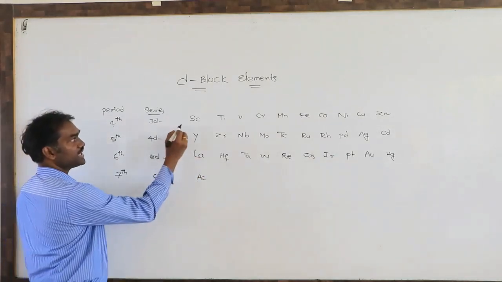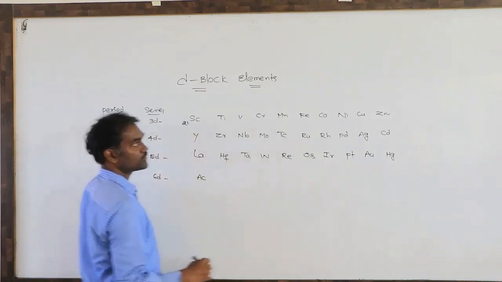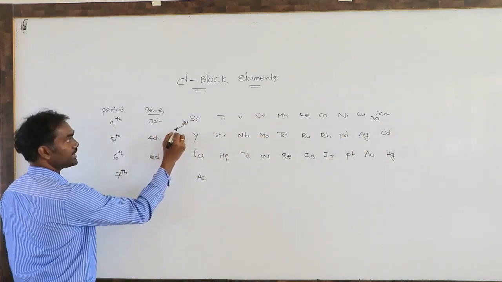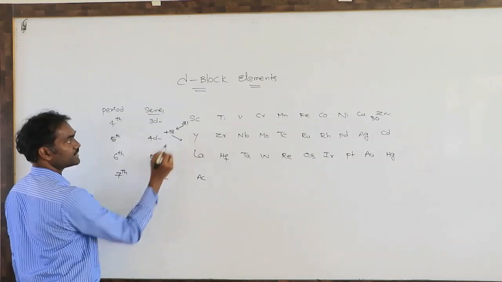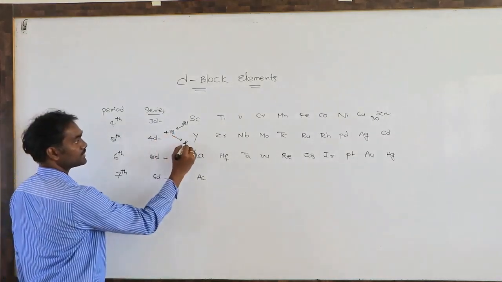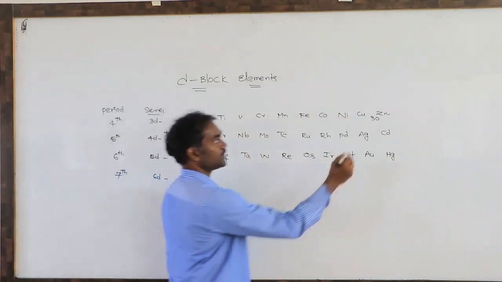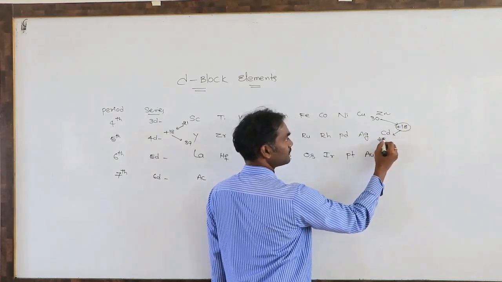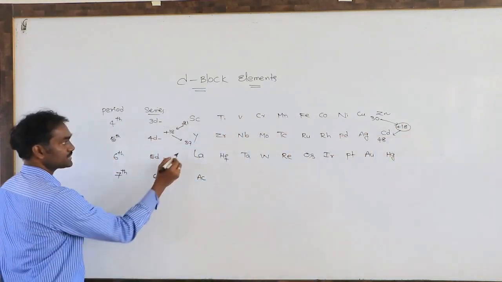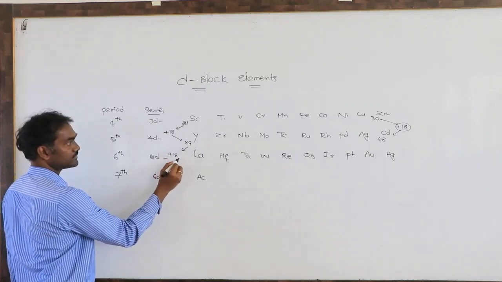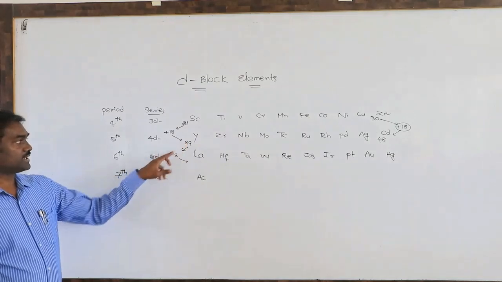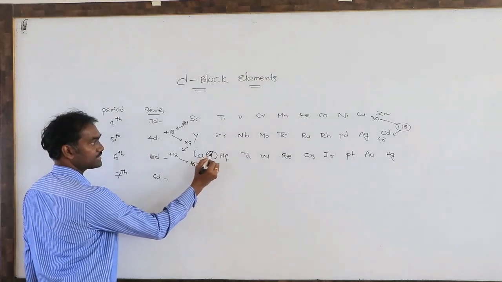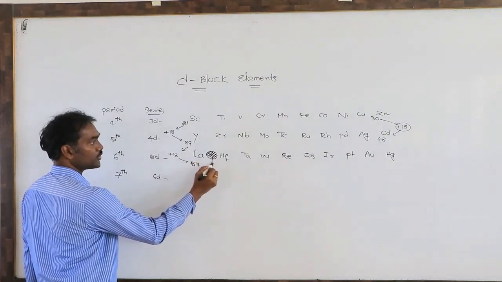See, if you look at the atomic numbers, it is 21 to 30. Next, you add 18, so you get 39. You add 18, so you get 48. Again you add 18, so here you get 57, lanthanum. After that we have 14 lanthanoids.